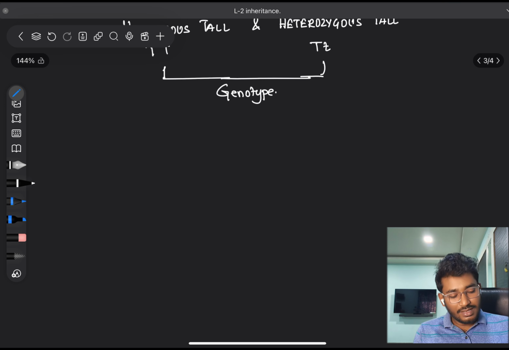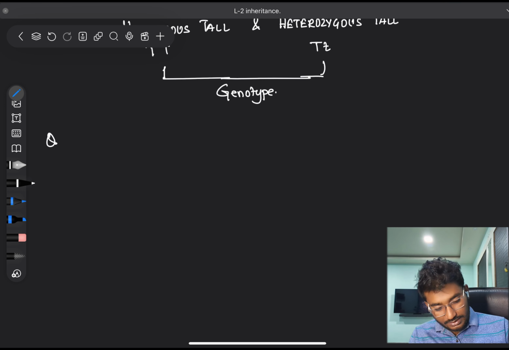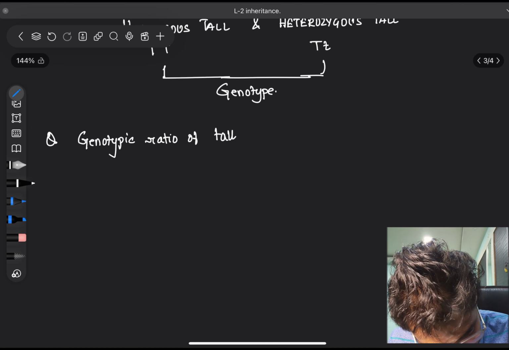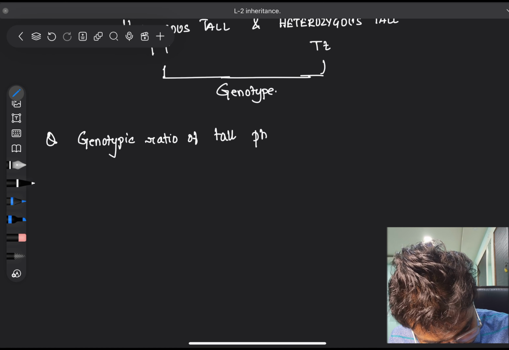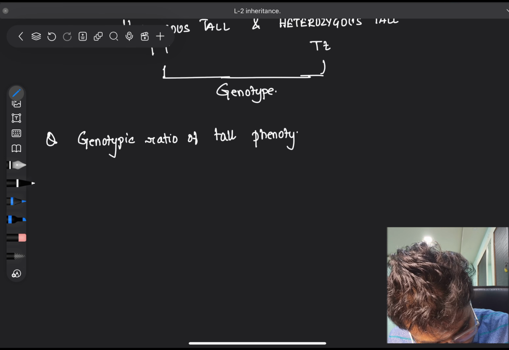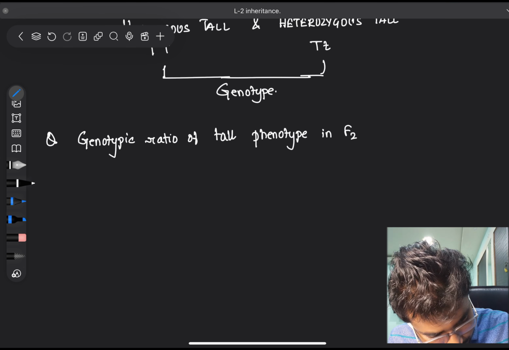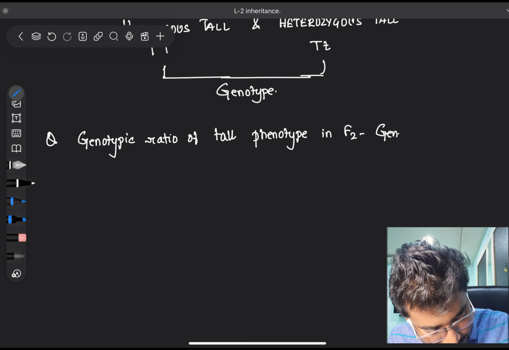Okay. Now to the next question, the genotypic ratio of tall phenotypes. This type of question in MCQ can come. Genotypic ratio of tall phenotype in F2 generation.